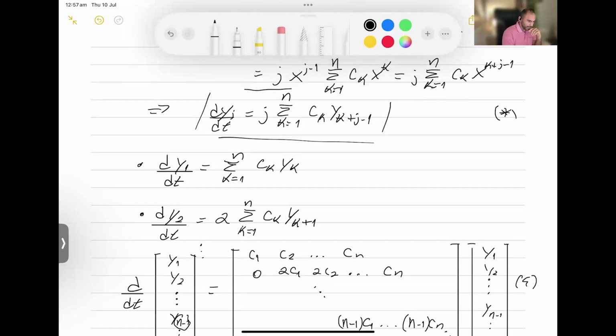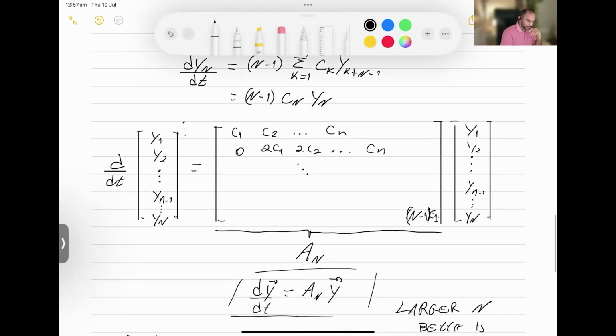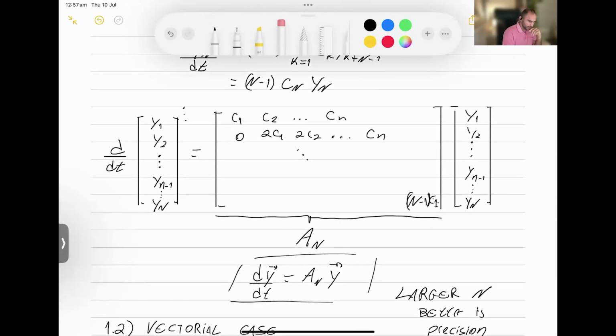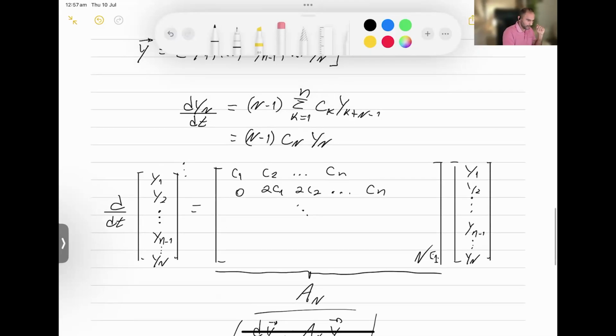Oh yeah, this should actually be capital N rather than n minus 1. That's right, it should be N here. There's a mistake here, just N.